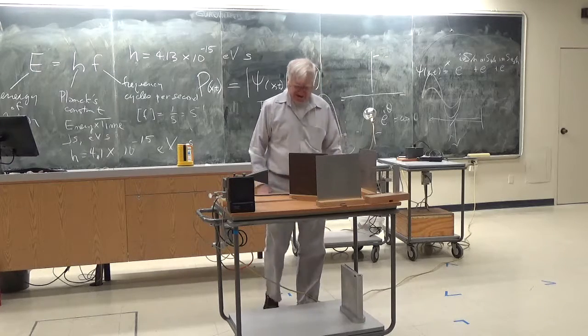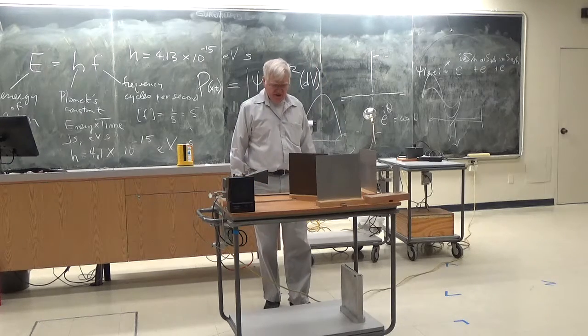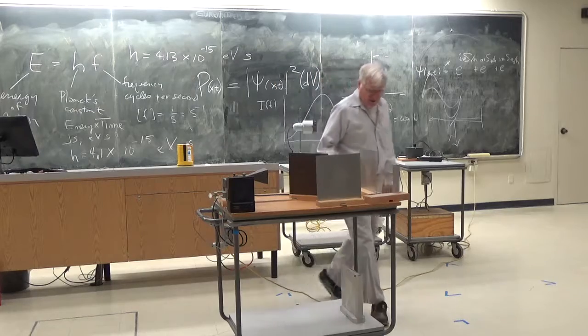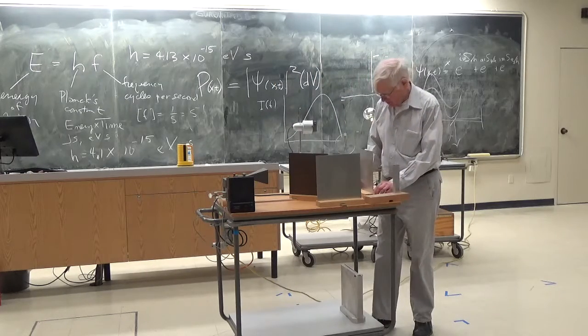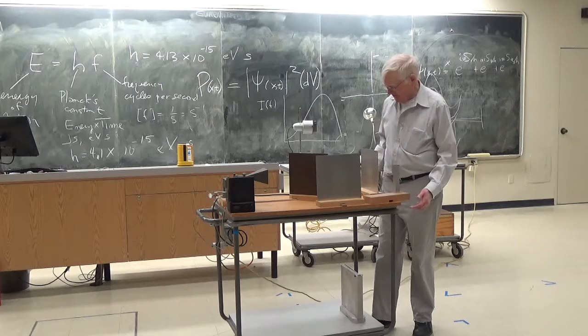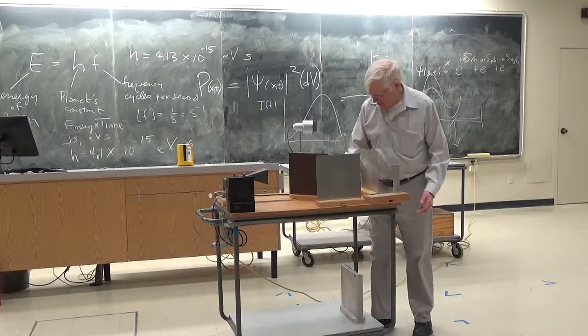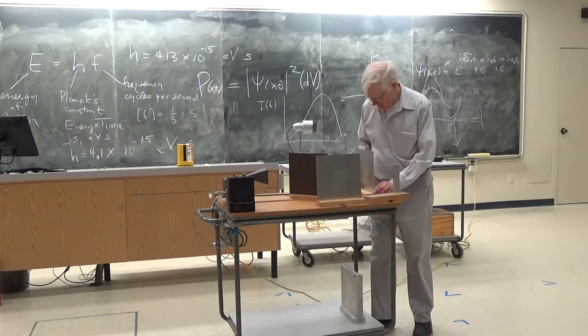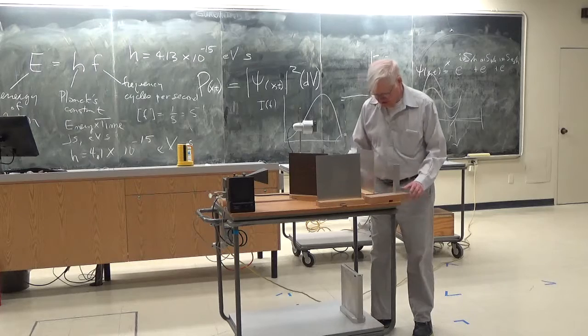Wow, that went just to 0. I don't know why it's going to 0. I would have thought that it would have cut it by a factor of 2. Let's try the other one.